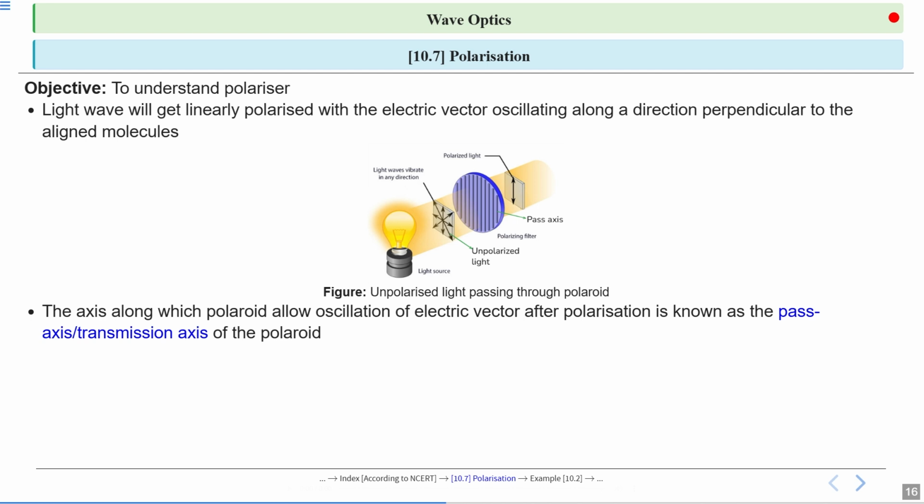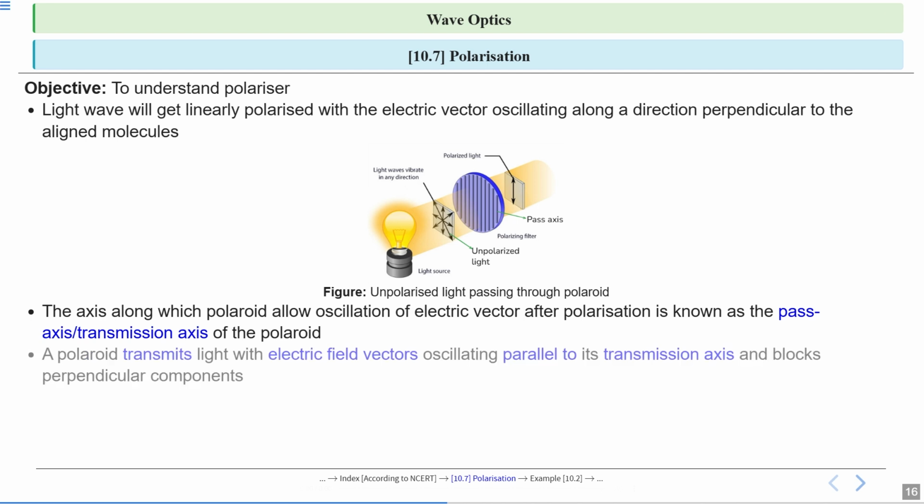This axis is crucial because it determines the direction in which the light is polarized. So a Polaroid transmits light with electric field vectors oscillating parallel to its transmission axis while blocking the perpendicular components. This selective transmission is what gives Polaroids their unique ability to polarize light. Notice how the alignment of the transmission axis is key to this process.